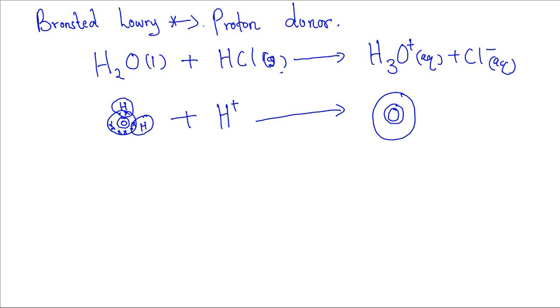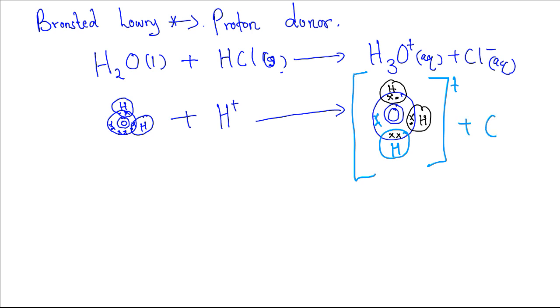So we'll have the existing ones, that is proton, another, then the hydrogen ion donated by hydrochloric acid is attached there, and then that is now the hydroxonium ion plus chloride ion.